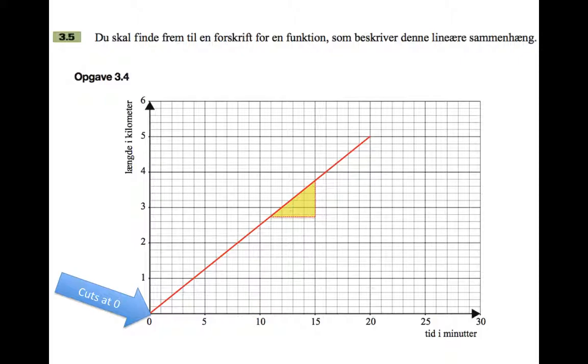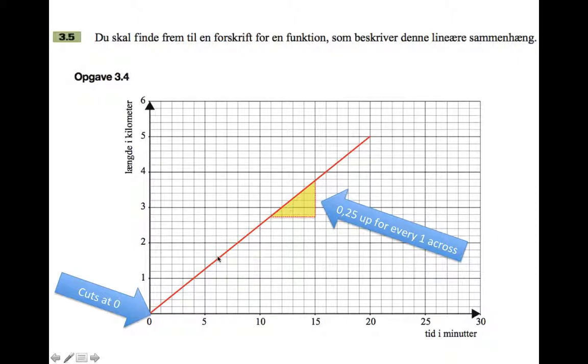Well, first of all, it cuts at 0, but looking at how steep the curve is now, it's going 0.25 up for every 1 across. Now, it's hard to try and read a single unit on this, but if you think about the fact that it's going 5 up for 20 across, then it's going 2.5 up for every 10 across, and you can figure out that it's going 0.25 up for every 1 across.